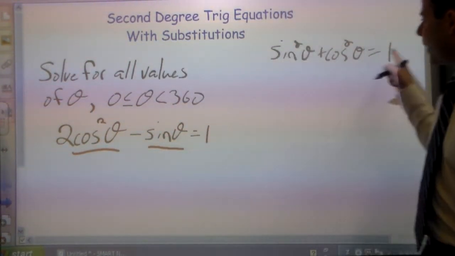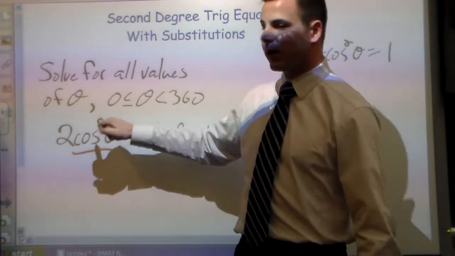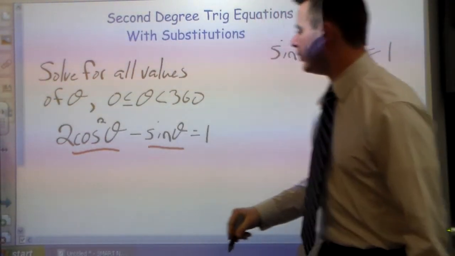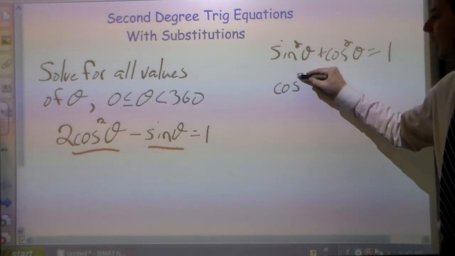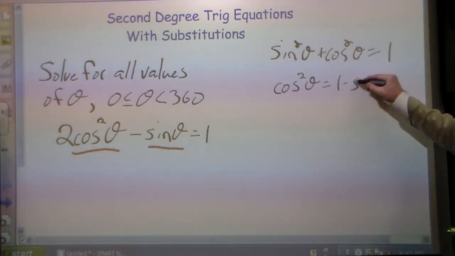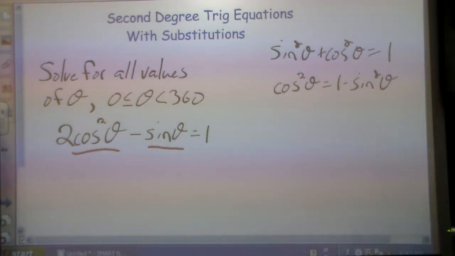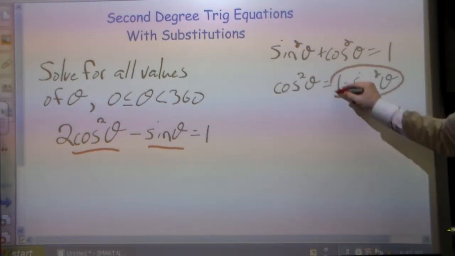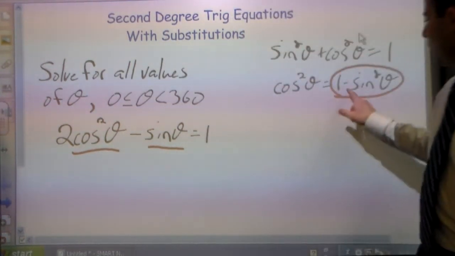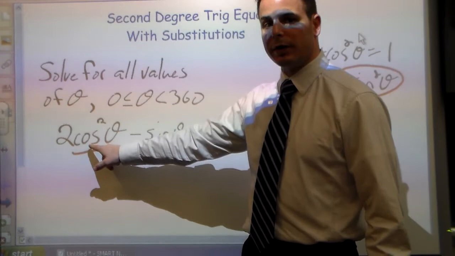What I'm going to do is use my Pythagorean identity, solve for cosine squared, and plug in an equivalent value. If I subtract sine squared from both sides, I end up with cosine squared equals 1 minus sine squared. So this tells me that 1 minus sine squared can be plugged in for cosine squared.